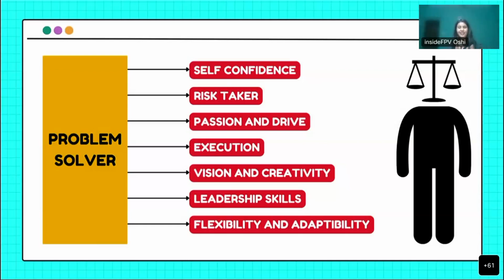Because I'll tell you a real life example, right? If you don't have the habit of keeping things clean or keeping your clothes properly in your cupboard, the same mess will be reflected in your office, right? People won't throw things in the dustbin. Or like startups like mine, like inside FPV, which is a drone-based company, a tech-based startup, right?